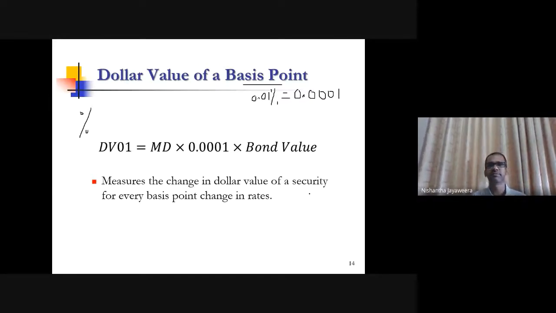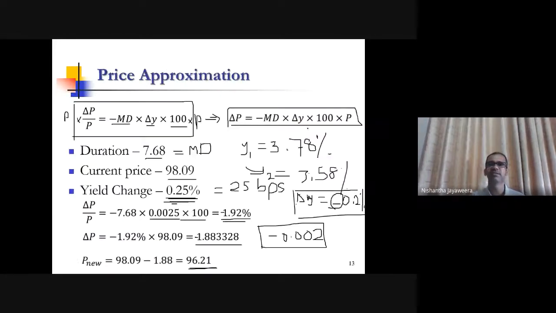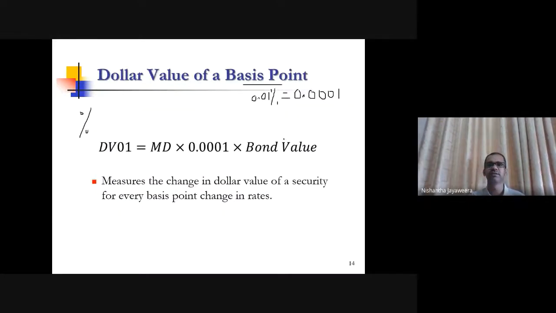That's the idea. But still we use this modified duration, and this is the equation, nothing else. Only thing is this yield change is given, fixed. We know that. That's why this point comes here, and the modified duration into this, and the bond value.